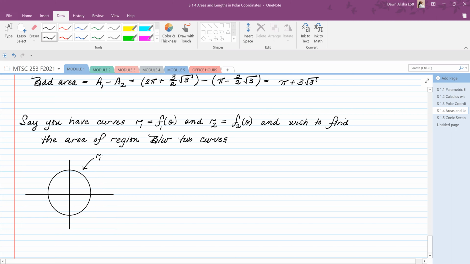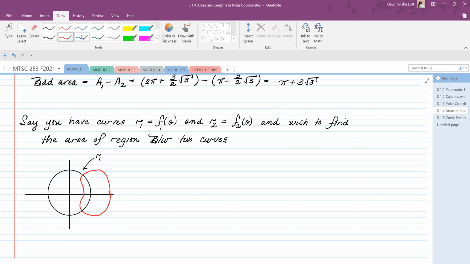And then maybe I have something that looks like this. And I want to find the region between the two.